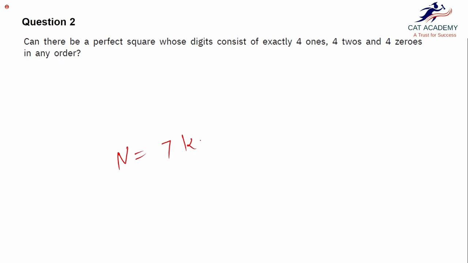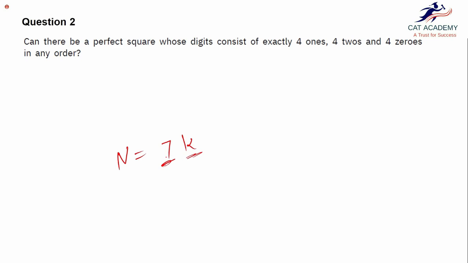How do I connect it? This is 7, this is k, for which I have no idea. And k is not related to 7, 7 is not related to 3. So somewhere I have to connect that 3 to get a sure shot answer.